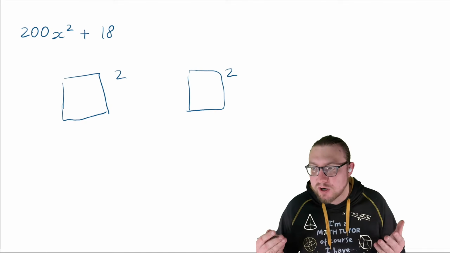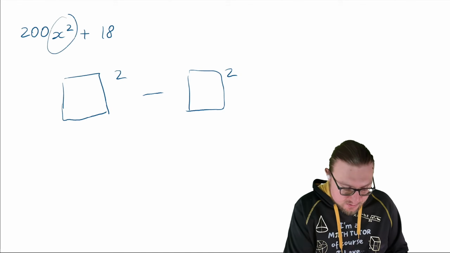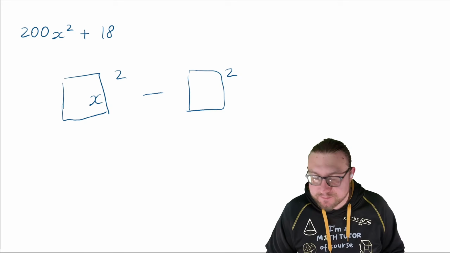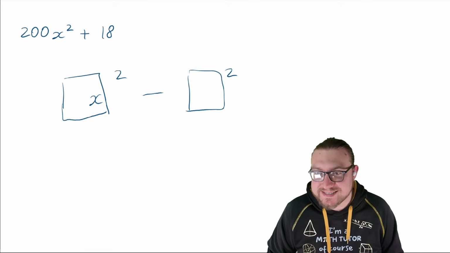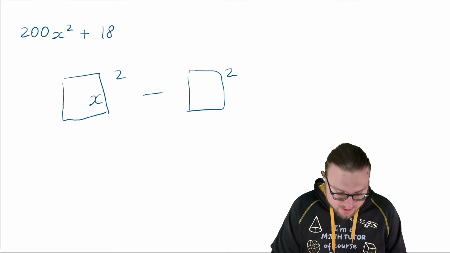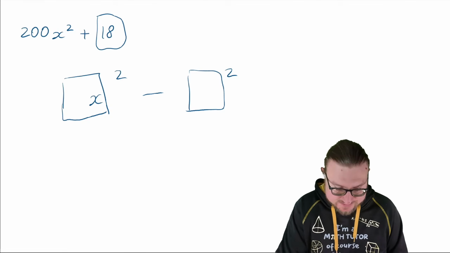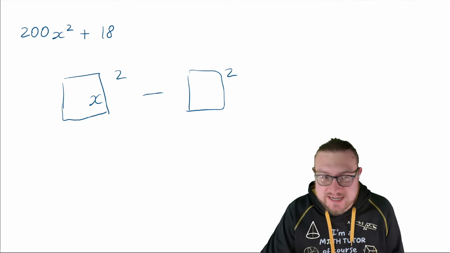We're just going to have two boxes, we're squaring them, we have a negative in front. The x squared is not going to be an issue, that's just an x. But what about 200? What number multiplied by itself gives us 200? And the same thing, what number by itself gives us 18?